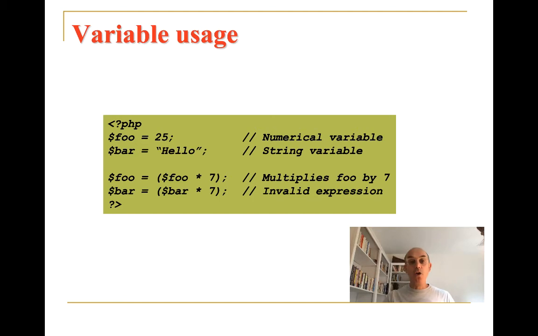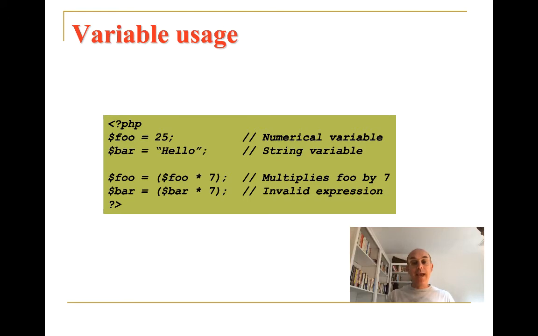So, variable use. Remember that we did that in JavaScript. In PHP, we are talking about $foo = 25, which is a numerical variable. And again, notes help me as a user to understand what's going on. And $bar = "hello" is a string variable.